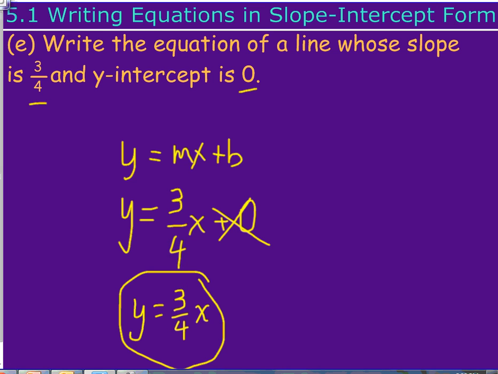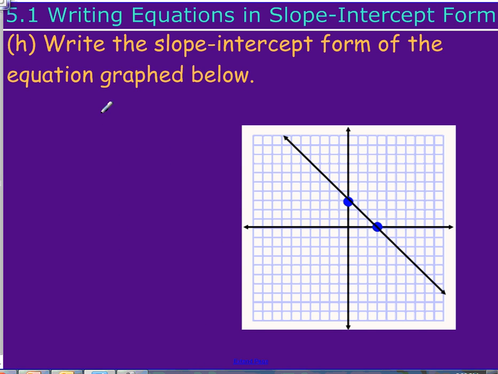All right. So the last example we're going to do today, and I'm going to start this example and you're going to have to finish it, says write the slope-intercept form of the equation graphed below. Well, we know right away that we're going to need two things in order to do this. We need to know my slope and we need to know my y-intercept.